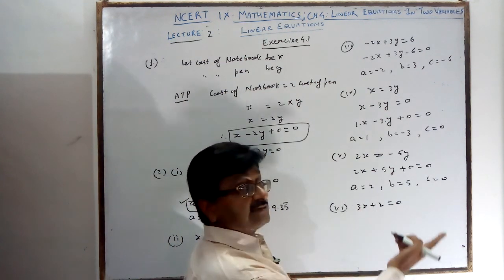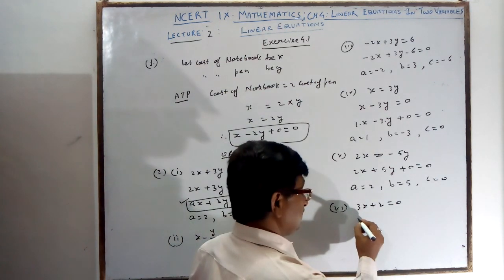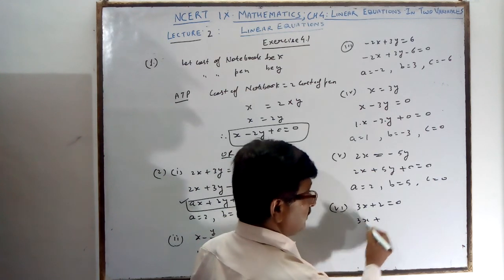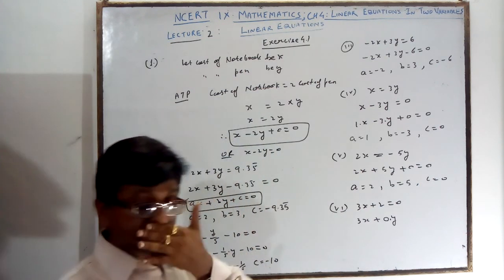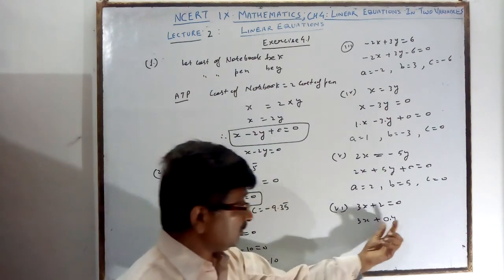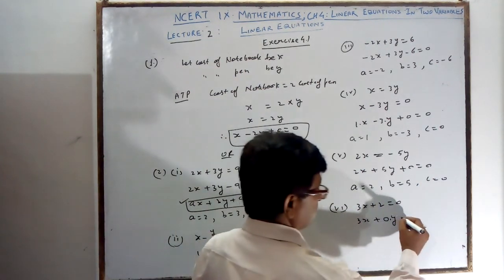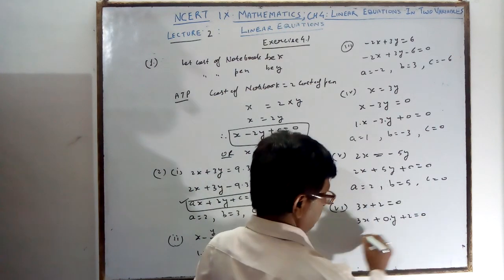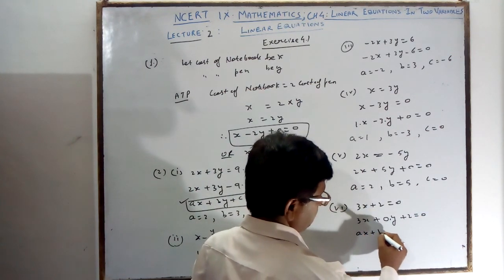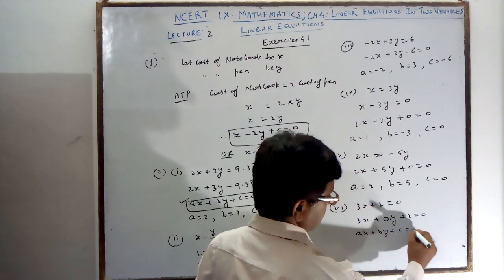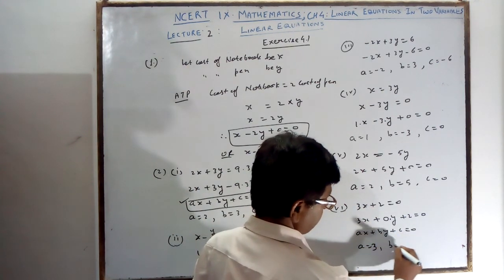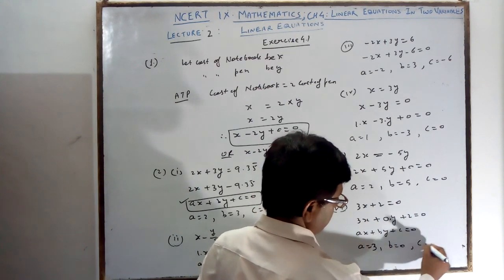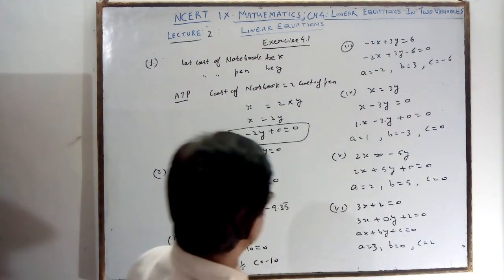Because y is not present, you write the term which is not present with a plus sign: 0y. Now it is your standard form, ax plus by plus c is equal to 0. What is a? 3. What is b? 0. What is c? 2. Like this you will get it.